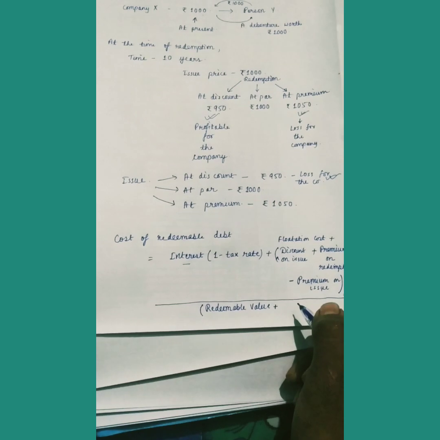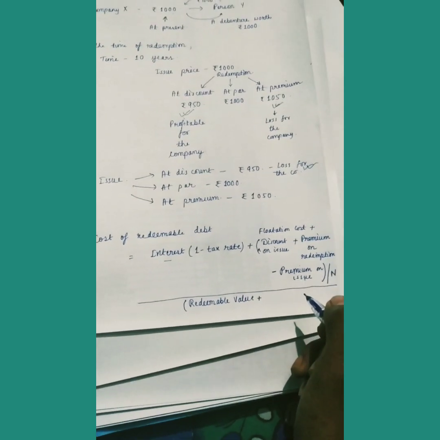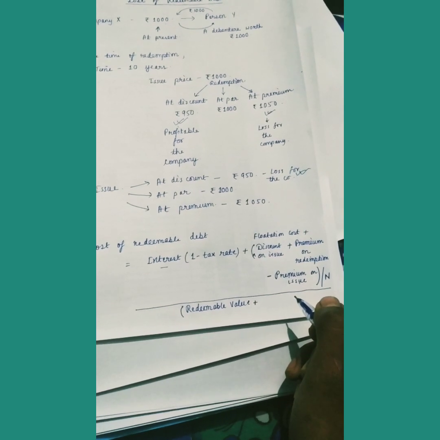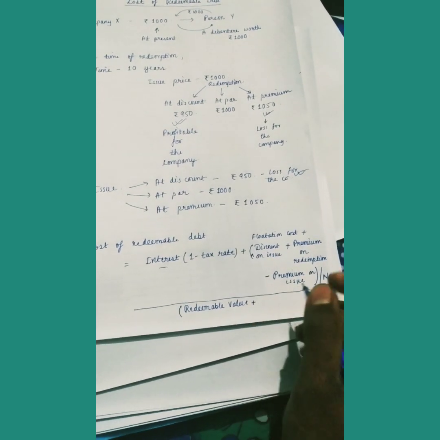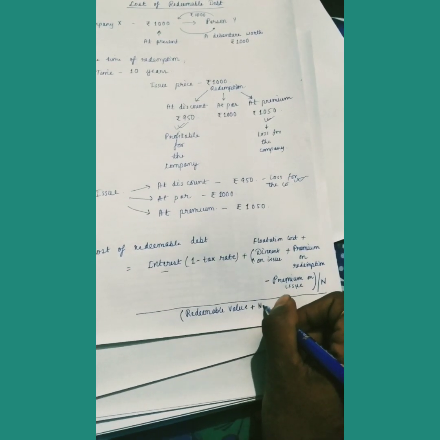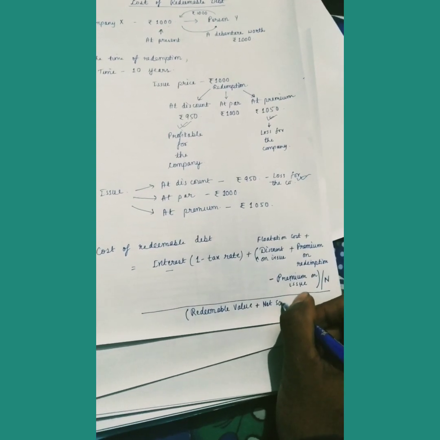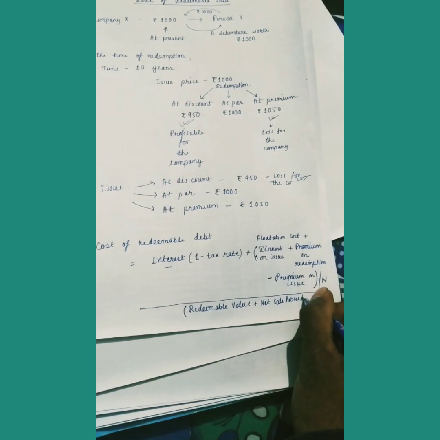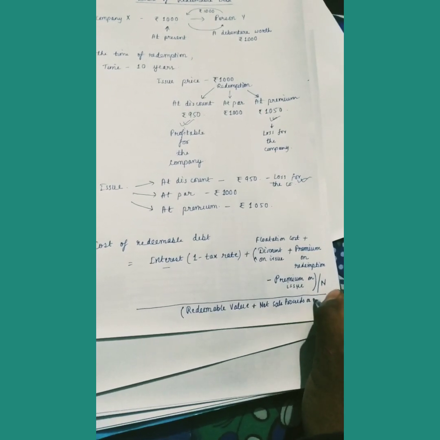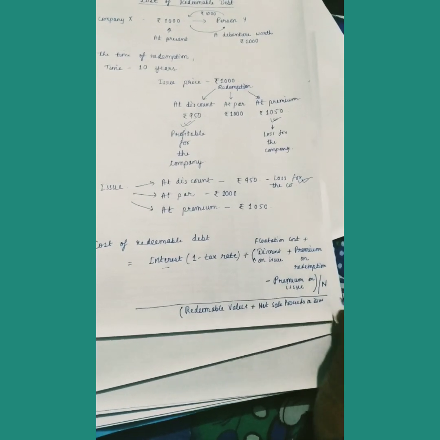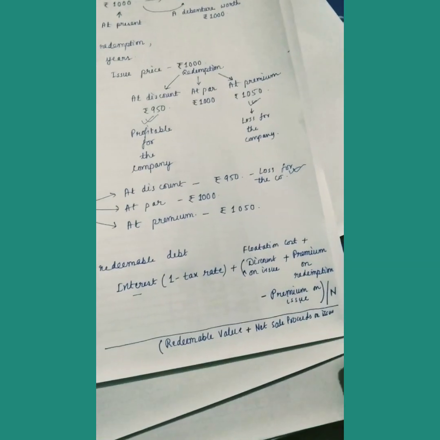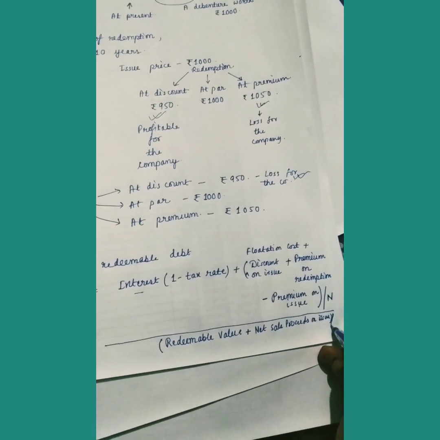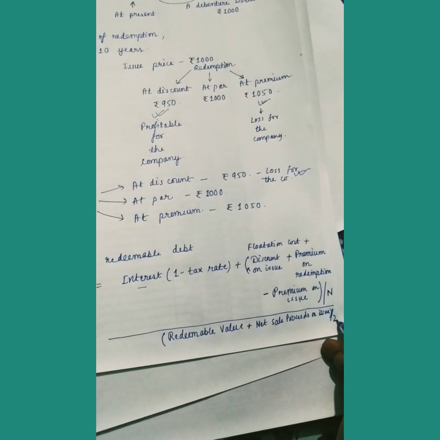So suppose the debenture was issued at rupees 1000 and there was a flotation cost of rupees 50, so we will take 950. So we can say net sale proceeds on issue, divided by 2, because we are taking the average, right?